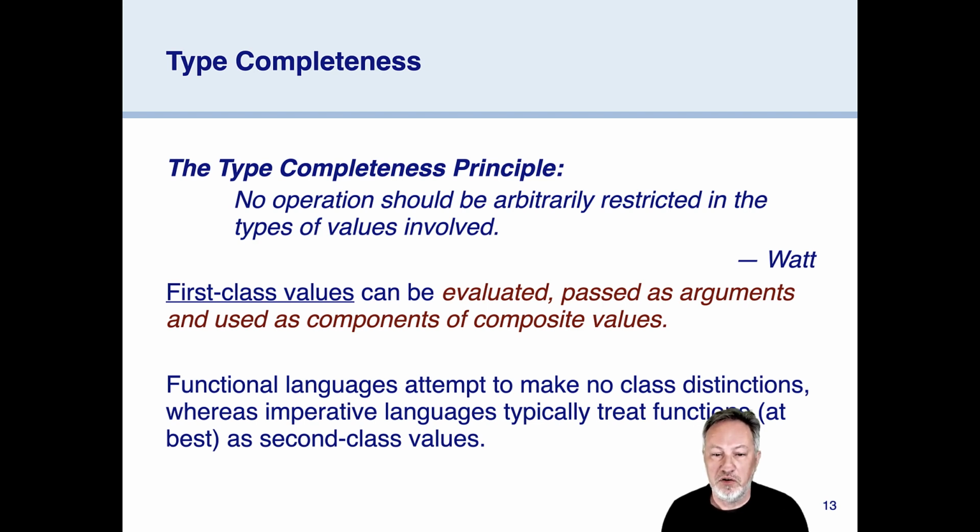So functional languages try to make no class distinctions, whereas imperative languages typically treat functions at best as second-class values. So in Haskell, for example, we can see the type completeness principle in the fact that we have higher order functions. A function itself can be a first-class value.